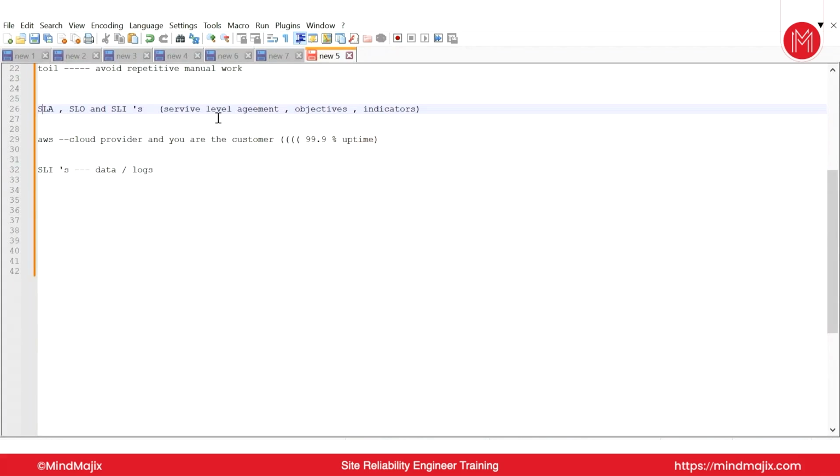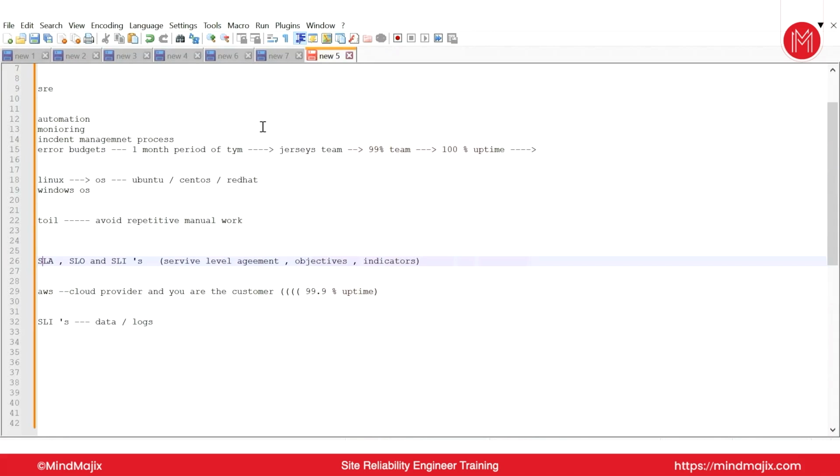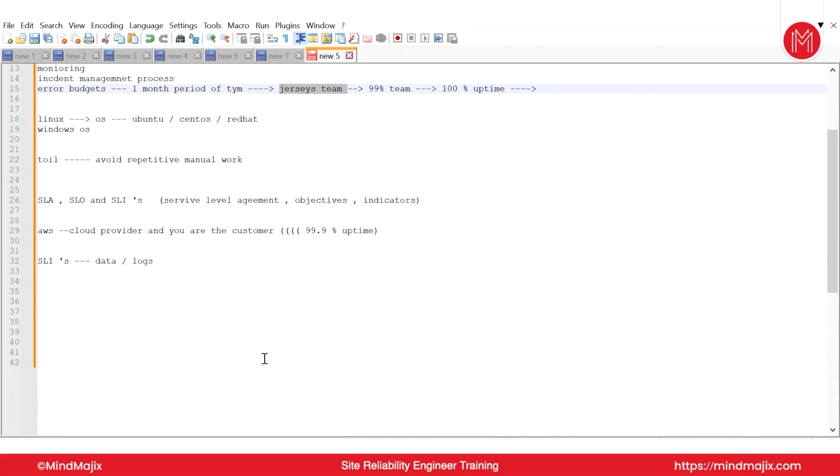You need to discuss with that service's team, or some other team, to understand what uptime you want to provide to the customer, or what uptime the customer is asking for. Everyone has their own requirements. Some may say 97% is fine, some may say 98% is fine. So every organization has its own set of SLAs, SLOs, and SLIs.